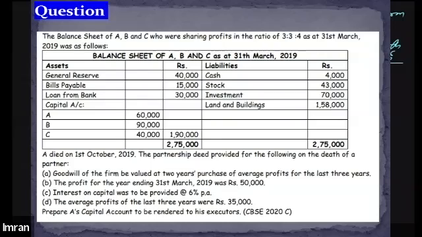Just tell me the opening balance you have got in A's Capital account, 60,000 it is, and then general reserve 12,000, right? Have you done that or not? No, sir. Okay, you need to transfer the general reserve as well, because there is no adjustment given regarding the general reserve, which means we will be transferring the general reserve to the partners' capital accounts as well.